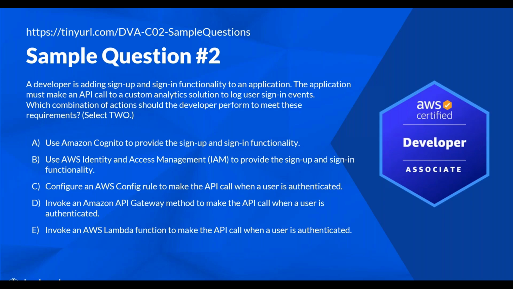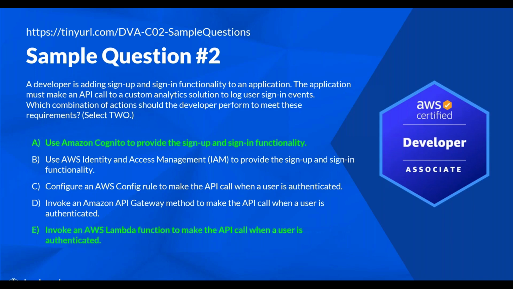Yeah, so if this question was asking me about hosting an API or having an API as part of my application, but all my application needs to do is just make an API call. And because of that, and knowing what my options might be for something like that Cognito post-authentication trigger, one of the triggers of that could be the invocation of a Lambda function. So with that, our answers here are A and E.